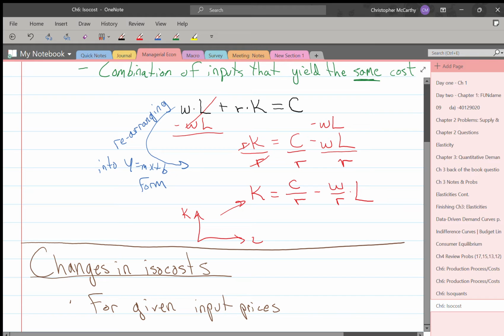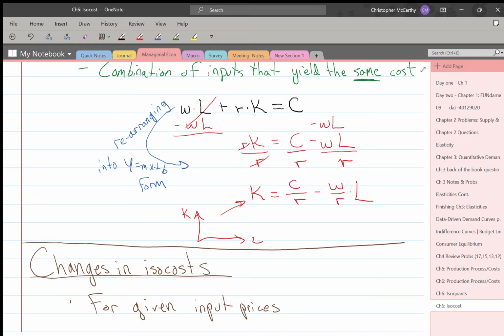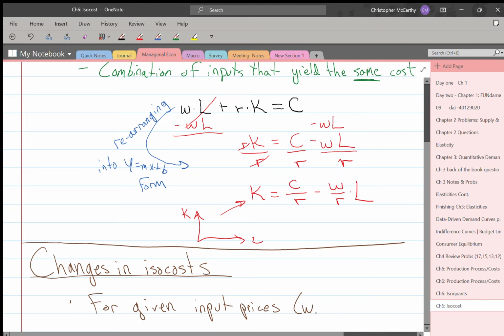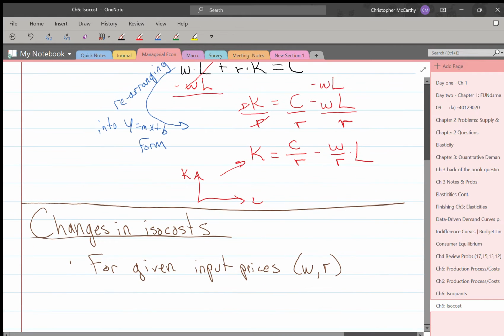What are the two algebraic variables we're using to represent our input prices? W and R. Very good job, everybody. W and R for wages and rental rate. Those are the prices of the inputs for labor and for capital.